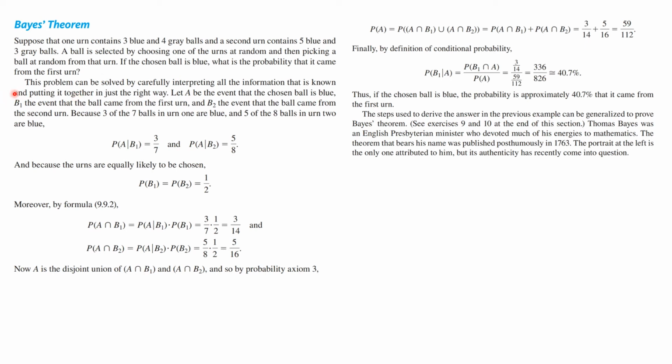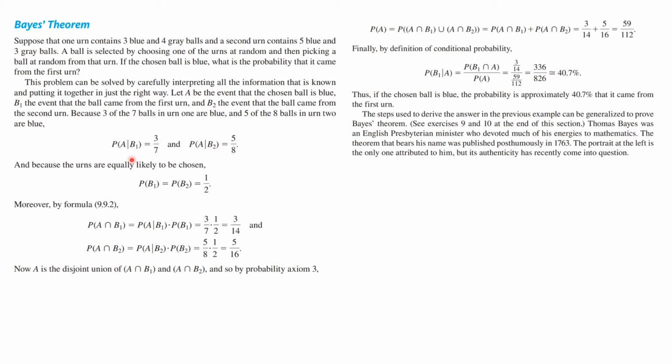This problem can be solved by carefully interpreting all the information that we have. So, we're going to let A be the event that the chosen ball is blue. And we're going to let B1 be the event that the ball came from the first urn, and B2 be the event that the ball came from the second urn.